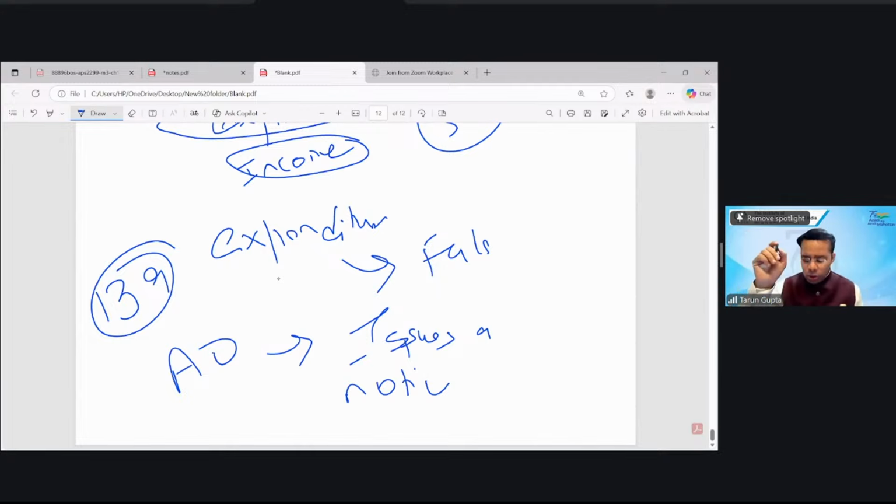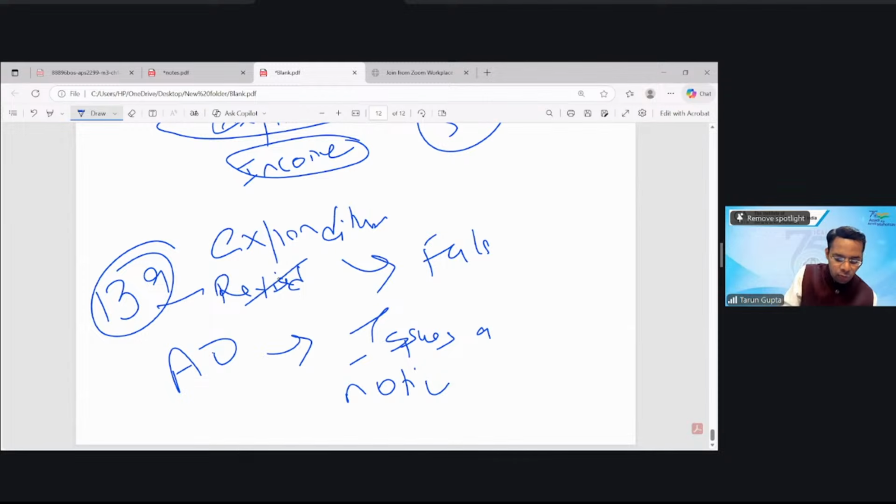So the AO issues a notice asking the assessee to furnish the return of income of the block period within a time specified in the notice, but the time cannot exceed 60 days. If the assessee furnishes the return within the time specified in the notice, then the return is called a return under section 139. But this return cannot be revised.